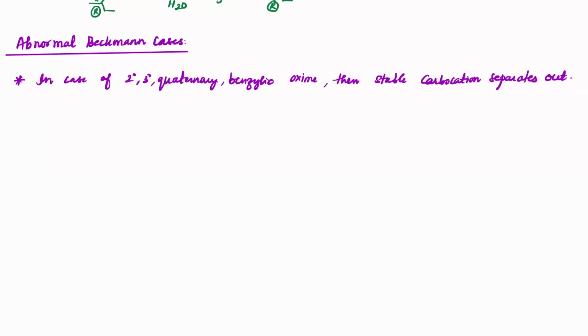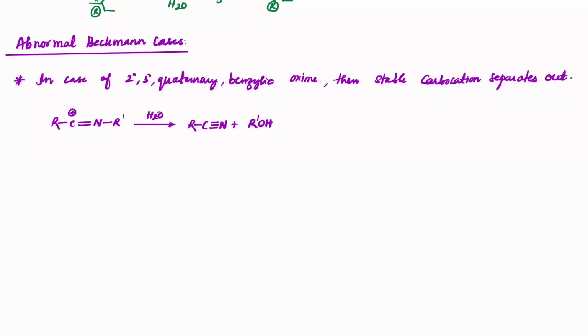For example, if you have R, after the migration, we got this as C triple bond N, R dash. You got positive charge. This is the intermediate we are expecting. After this, we are expecting hydrolysis, H2O, should happen, correct? But what usually happens here is you will get this as cyanide and this part will become alcohol.